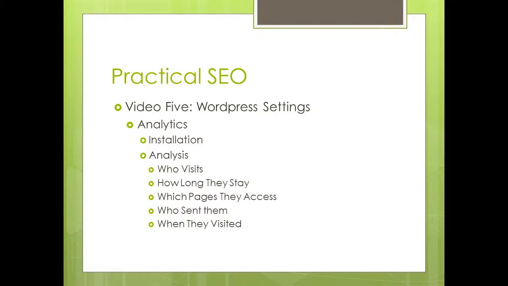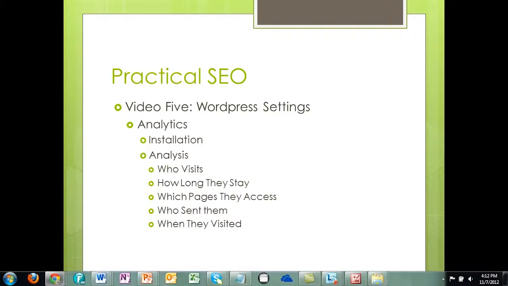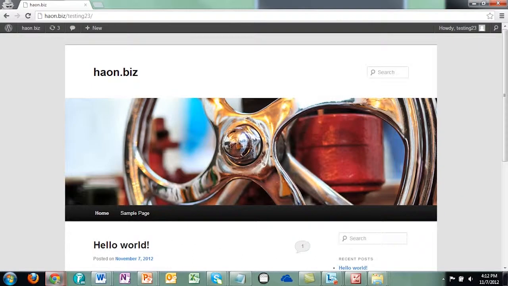So the first thing that we'll want to do in order to get Google Analytics installed is go to the actual website where we have WordPress set up. I'll pull that up here, and I'll make sure that you can see that on your screen.